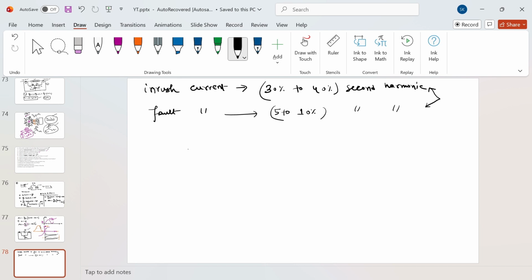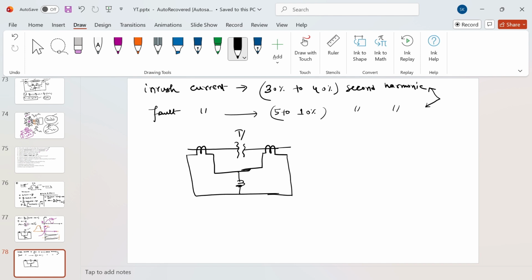Let's say you have a transformer and you have differential protection here. This is how the differential protection circuit looks, with some operating coils, and this is how it operates to protect the transformer from faults. Now, rather than connecting a simple operating coil, we can design some circuitry.